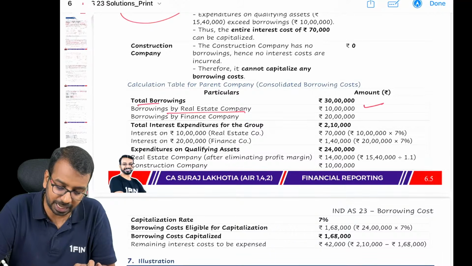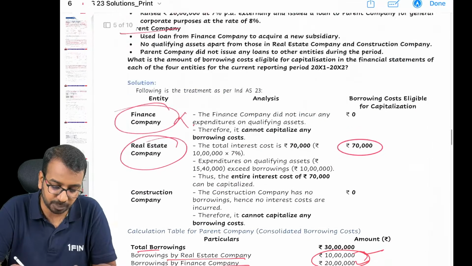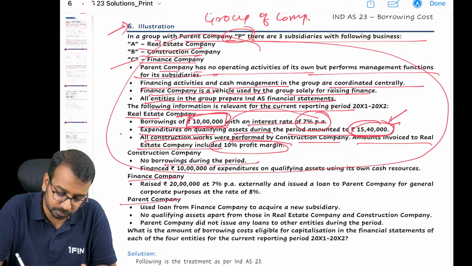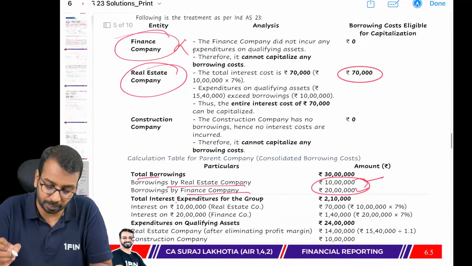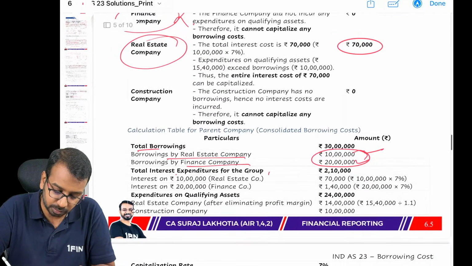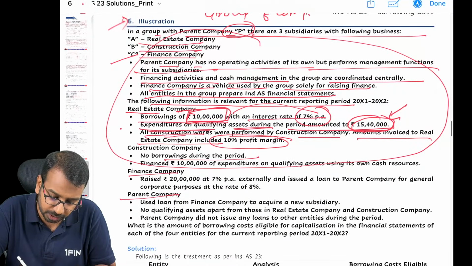For the parent company, how much are the borrowings? Real estate company 10 lakhs, finance company 20 lakhs. This is the total borrowing. What is the expenditure? Expenditure on qualifying asset is 15,40,000 by the real estate company, as construction was performed by the construction company.